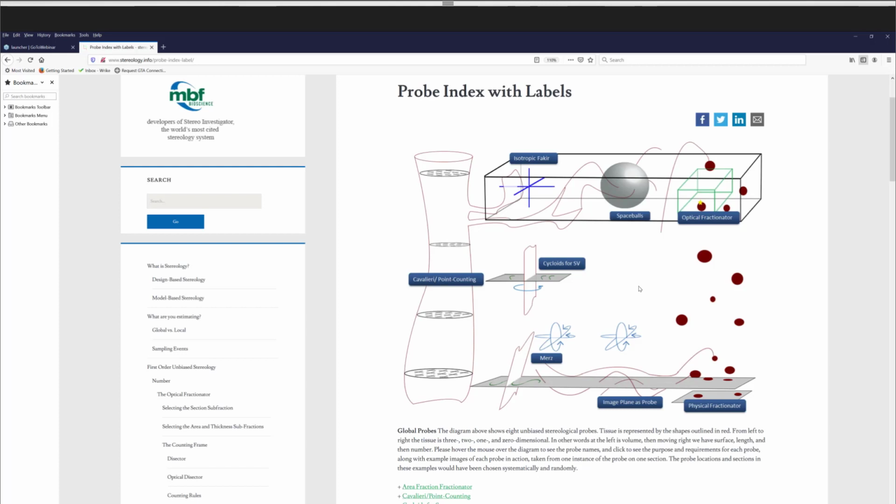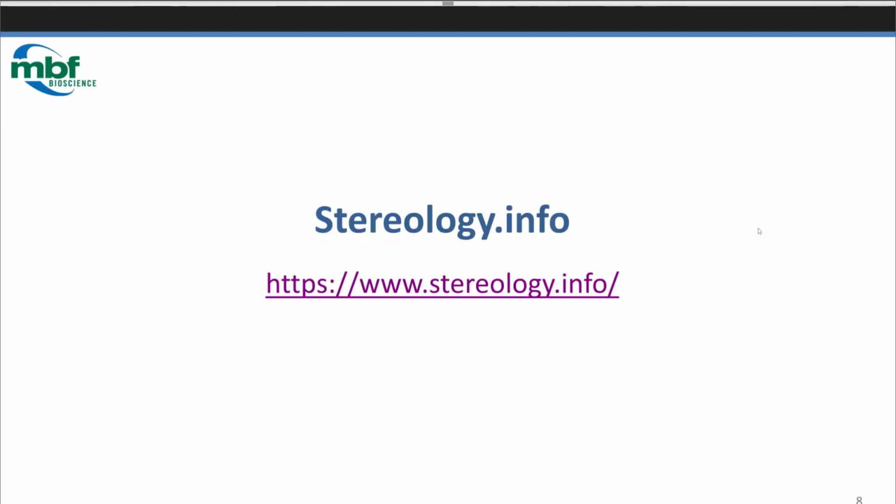Of course, anatomists don't like that because they can't read the tissue anymore. That's why we want to stick to thick sections for number, optical fractionator, length, Spaceballs, surface, isotropic Fakir. For volume, we can use thin physical or optical sections. So that was stereology.info, and I highly recommend you go there. You can get a lot of questions answered there.